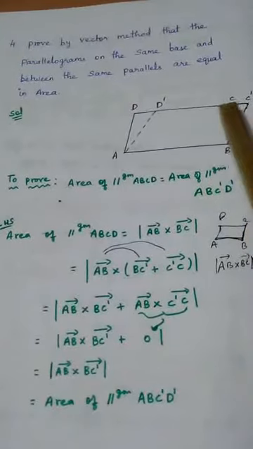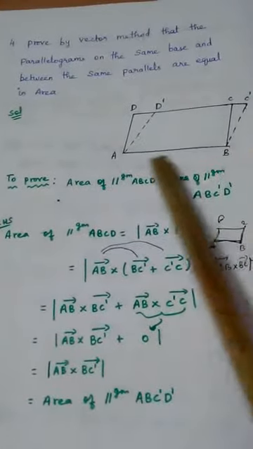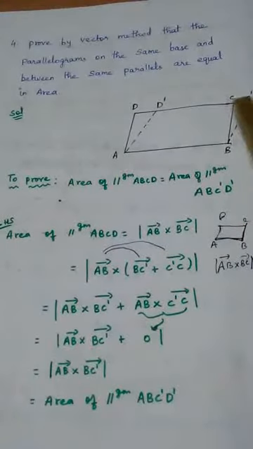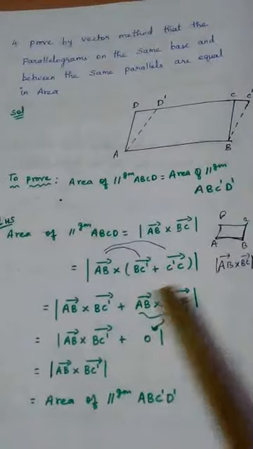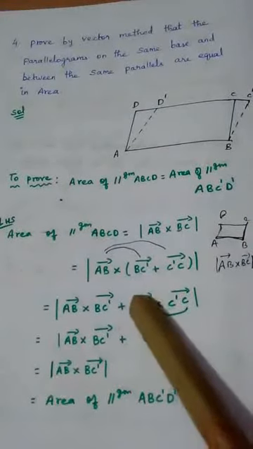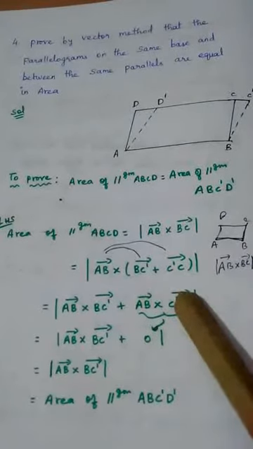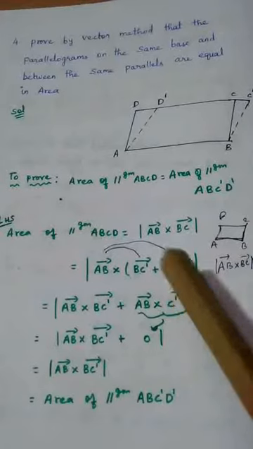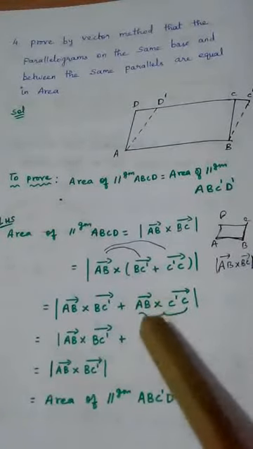When we take the cross product of two parallel vectors, the answer is 0.